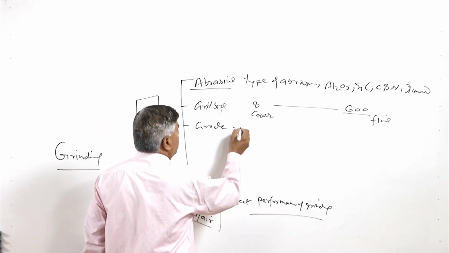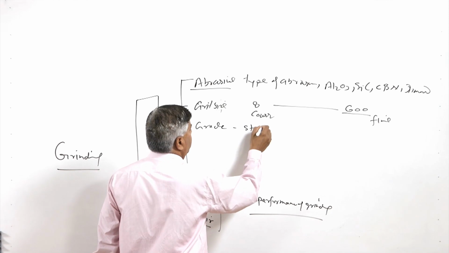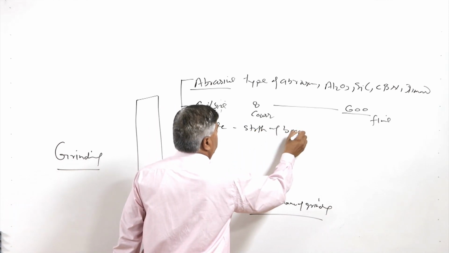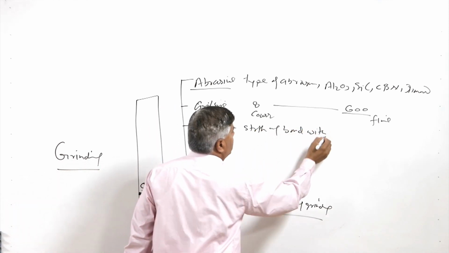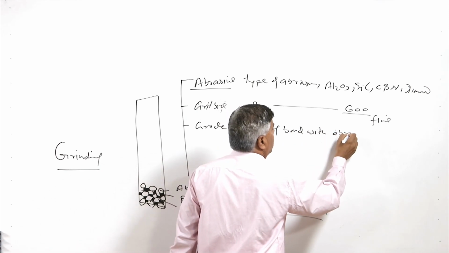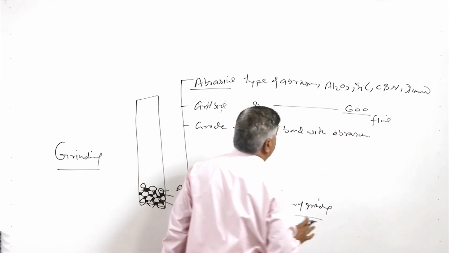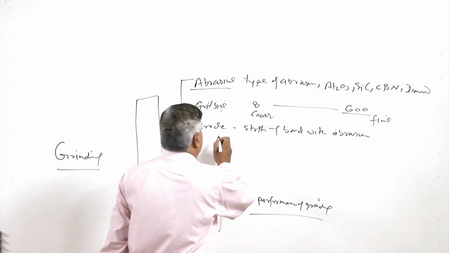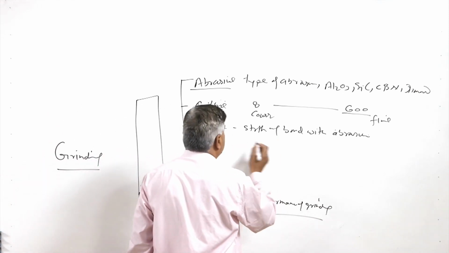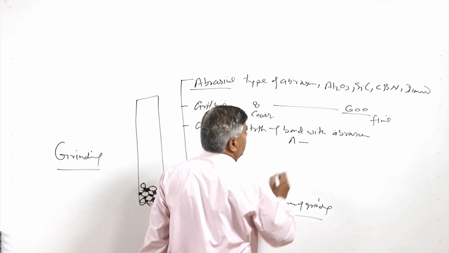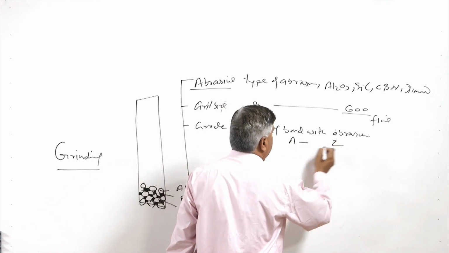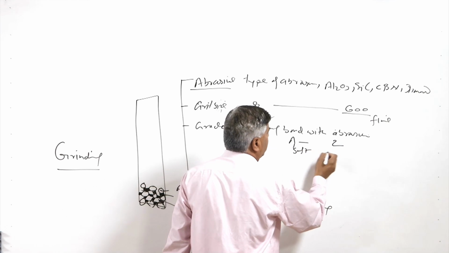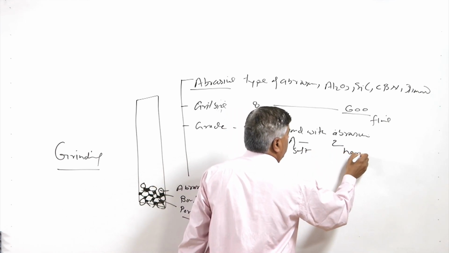The third aspect is the grade related to the grinding wheel. Grade is about the strength of the bond with the abrasive. How firmly the bond is holding the abrasives in position is identified by the grade, and it is indicated by the letters A to Z. A is for very soft and Z is for very hard.